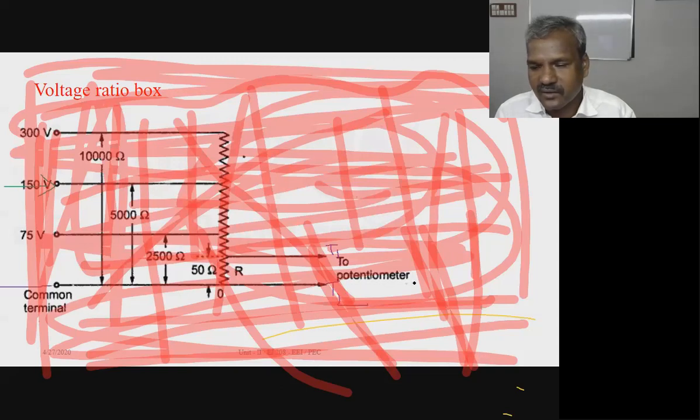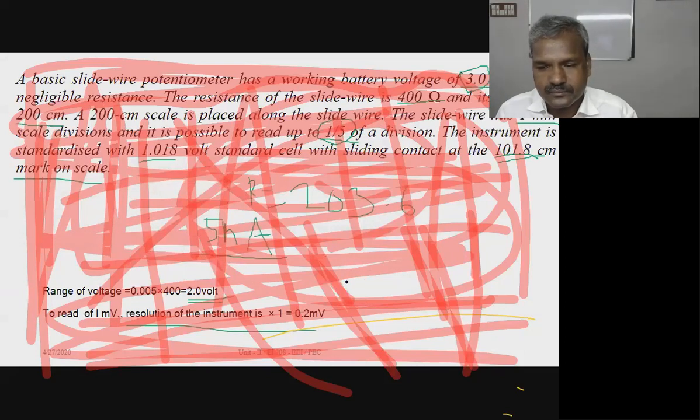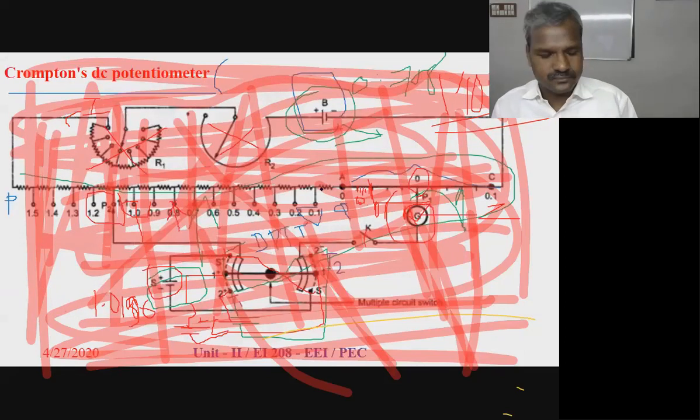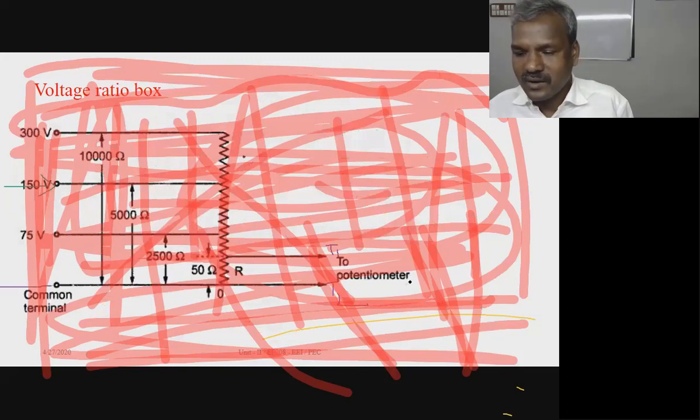After connecting these two, we balance the potentiometer by placing P1 and P2, and we get some voltage.